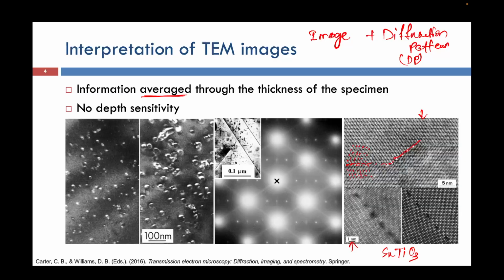So in between them is a clear twin boundary. These are features which we were not able to see in a scanning electron microscope or in a light optical microscope. That is why we are using TEM images.